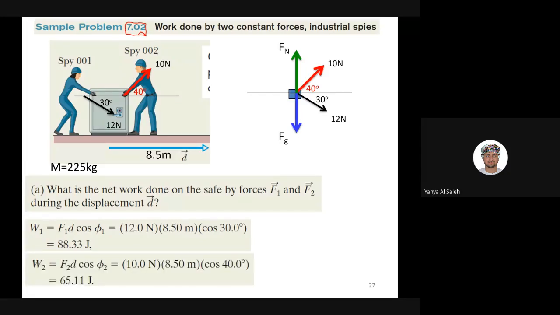And W2 is going to be 65.11 joules. So the total is 153 joules.